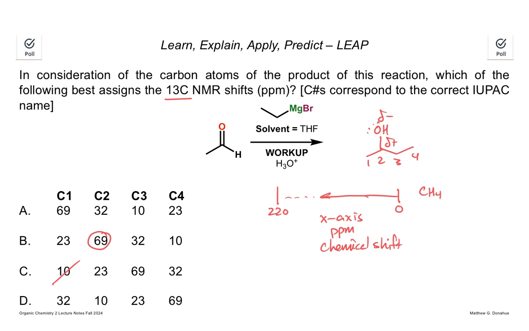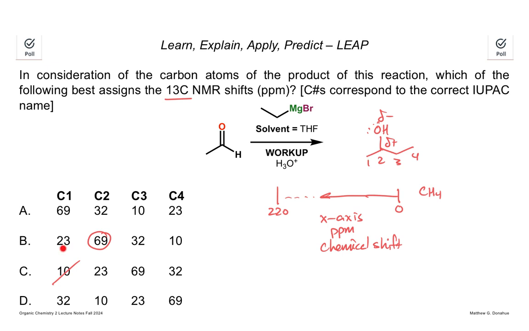So let's just go through B. This CH3 group looks the most like methane, so that should be 10. 1 and 3 are both bonded to 2, so they're going to be shifted a little bit further away. 1 is a CH3, 3 is CH2, but it has 2 carbons, so that means 3 should be a little bit further away than 1 is, and so we see that in this.